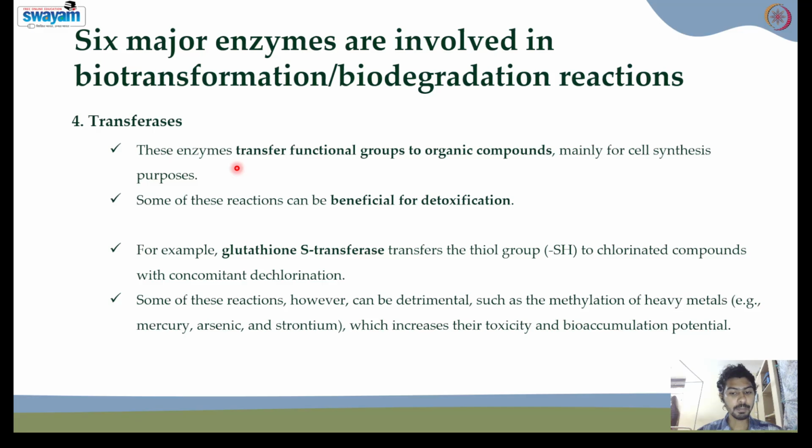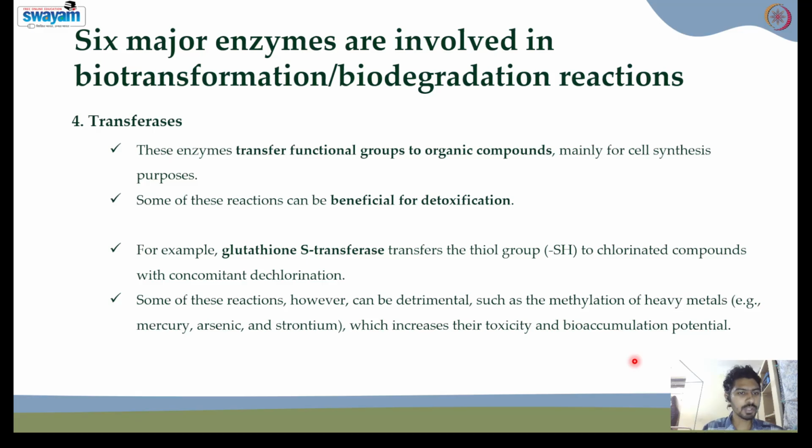So in this case, instead of detoxifying it, they increase its toxicity and its bioaccumulation potential. So it makes it more toxic and increases its bioaccumulation capability. So there is a two-way purpose. One, it can be very useful, but at the same time, in the case of heavy metals, it has shown more toxic effects and bioaccumulation potential.